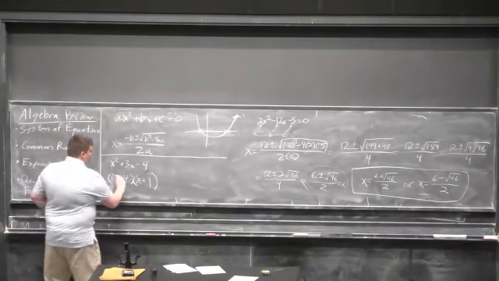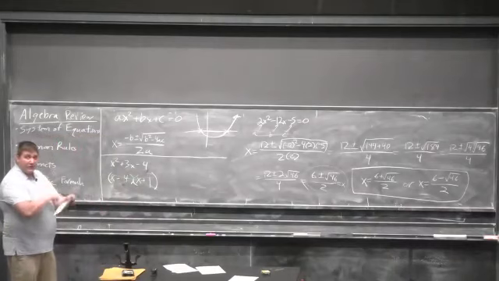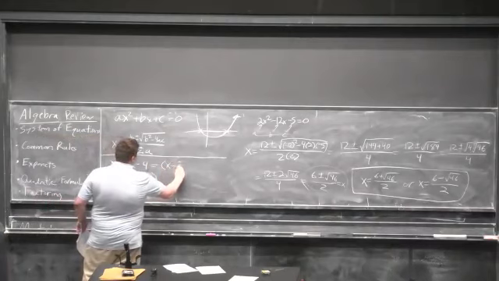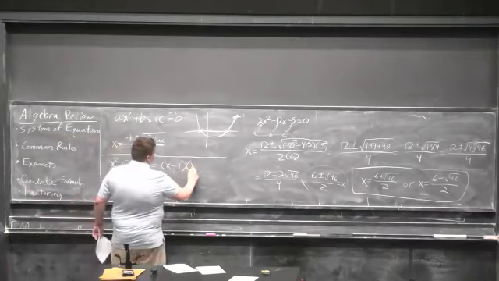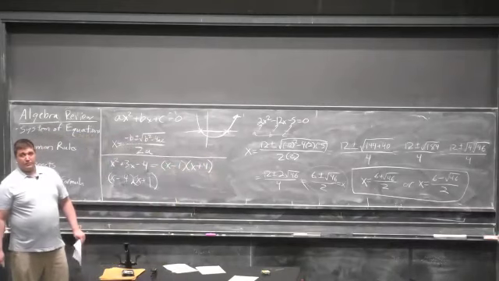So that would be wrong. However, I got a -3x. So let's try switching the sign, and I end up finding that this is equal to x minus 1 times x plus 4. And that's my solution.